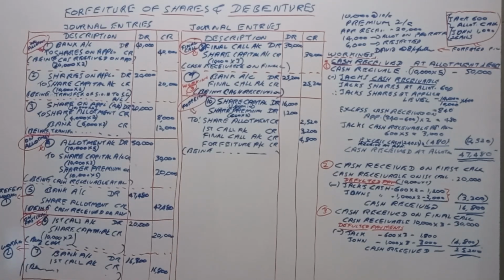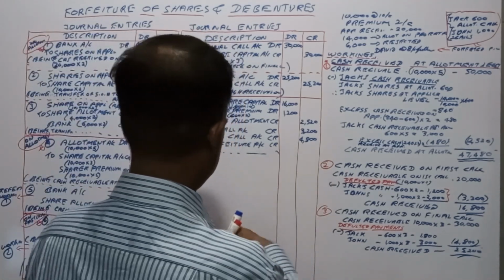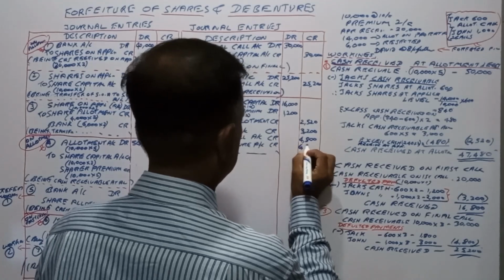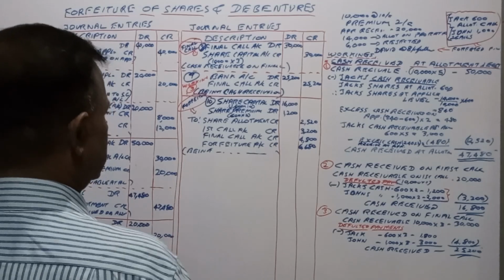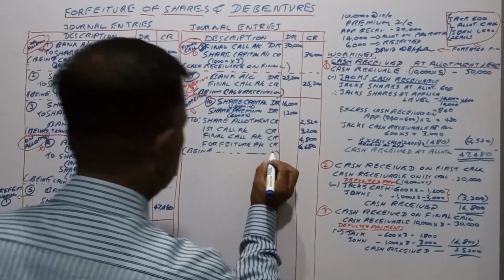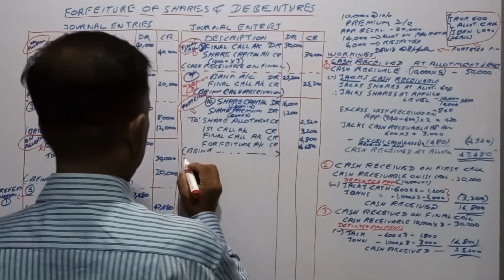Then 6,680 is the balance, the forfeiture credit balance. Okay.